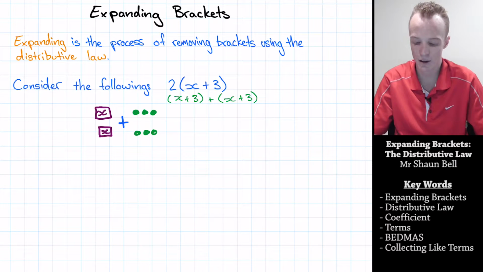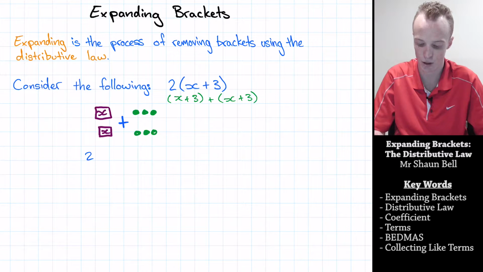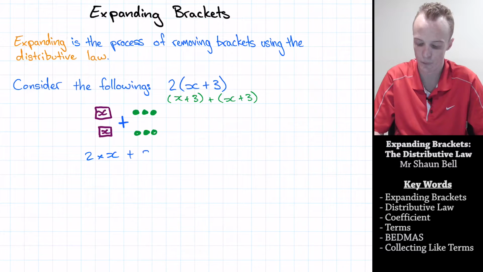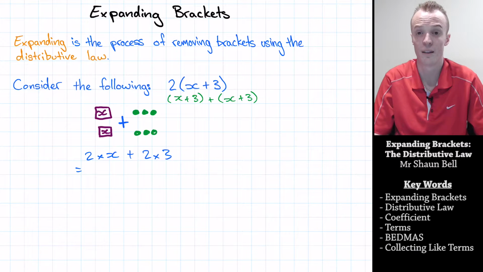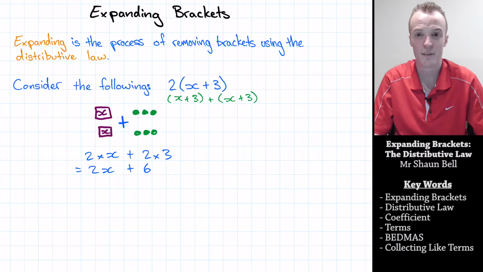So what I've essentially got here is 2 of these x's, which we say is 2 lots of x, or 2 times x, and we're adding it together with 2 lots of these bundles of 3, or 2 times 3. Of course, we can simplify this to say that 2 times x is 2x, and 2 times 3 is 6. And now what we've done is expanded the brackets.